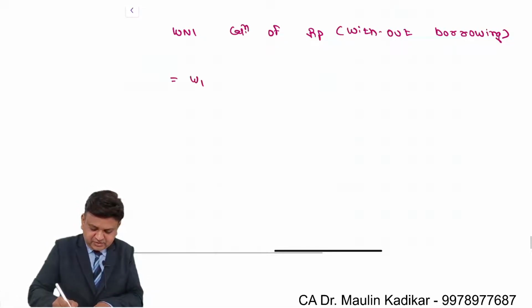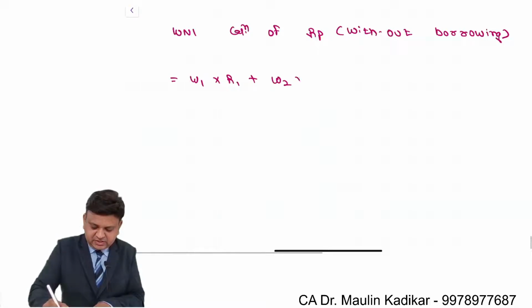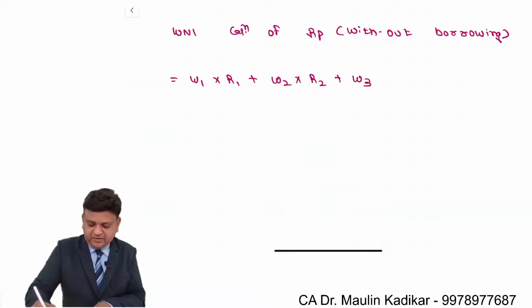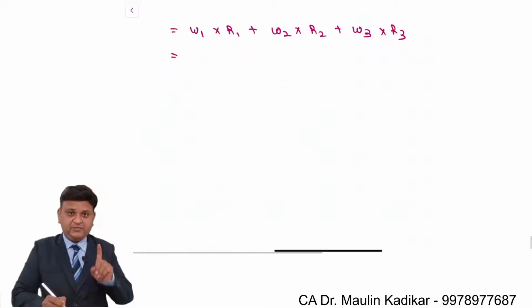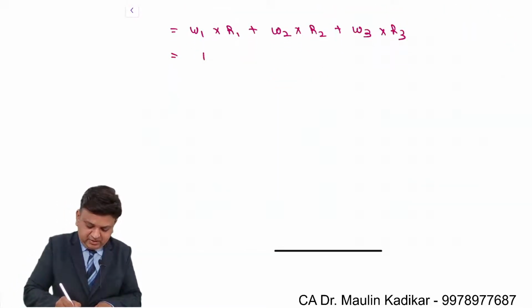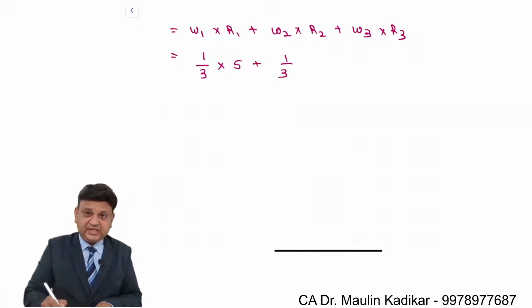It is weight of first security into return of first security, weight of second security into return of second security, weight of third security into return of third security. The first security weight is 1 by 3 into return 5. Second one is again 1 by 3 into return 10. Third one is 1 by 3 into return 11.